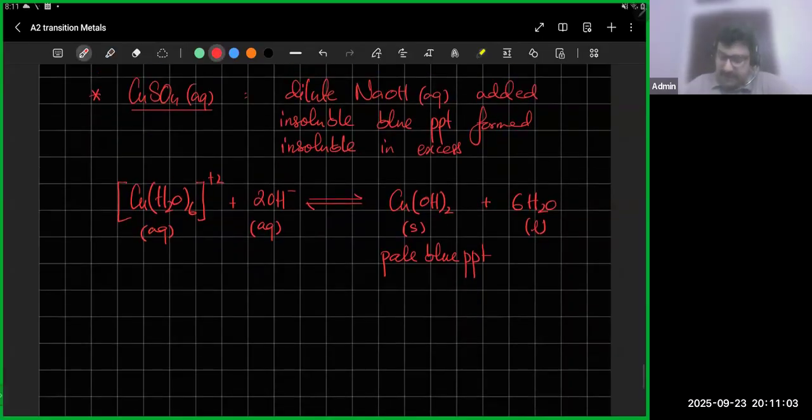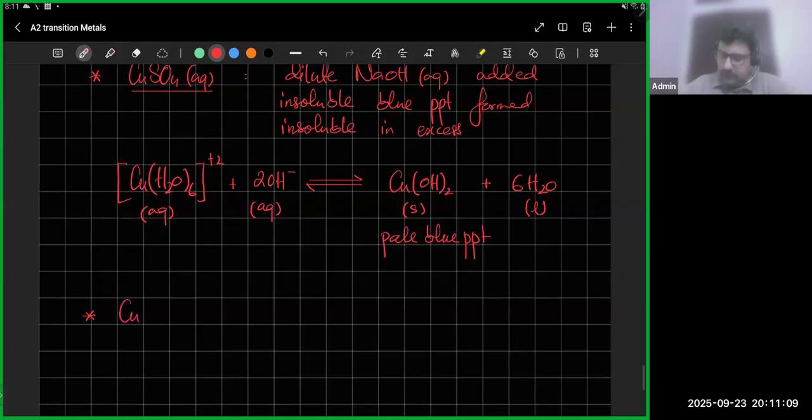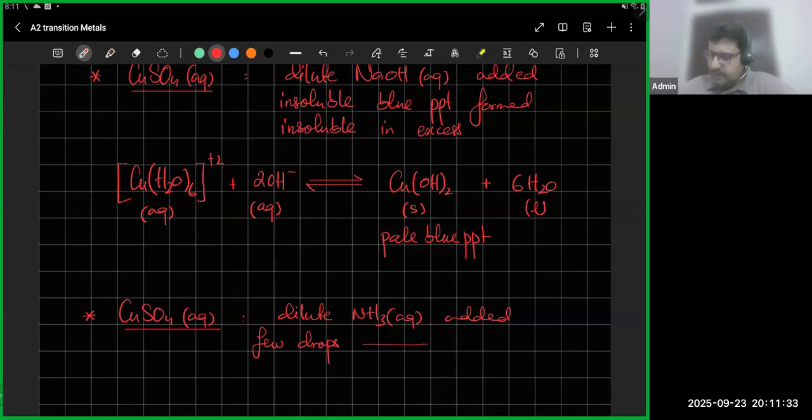Remember, these are the same tests that you did in AS in practicals. So copper sulfate aqueous again. Now, what's going to happen if I add dilute ammonia, NH3 aqueous? When you add a few drops, what is seen is you get a pale blue precipitate.